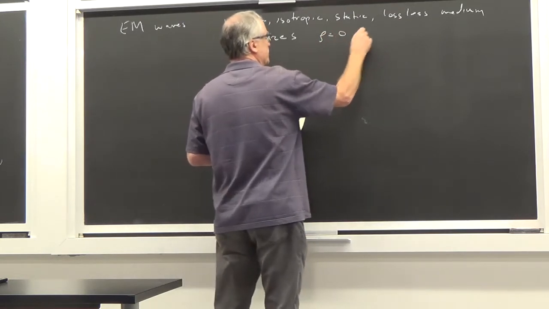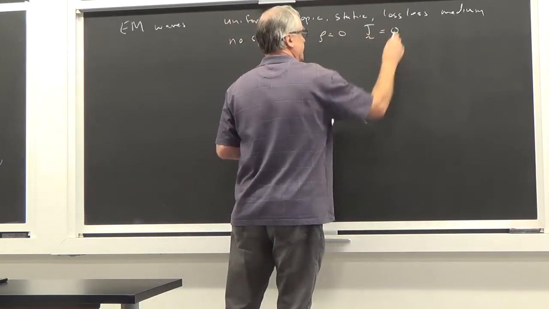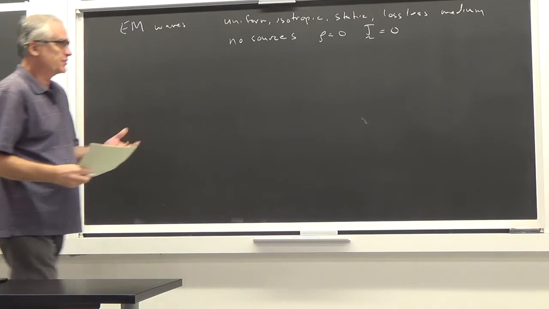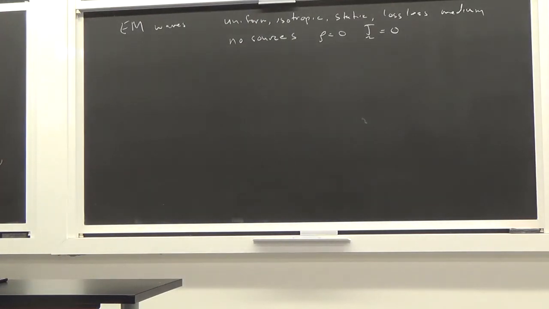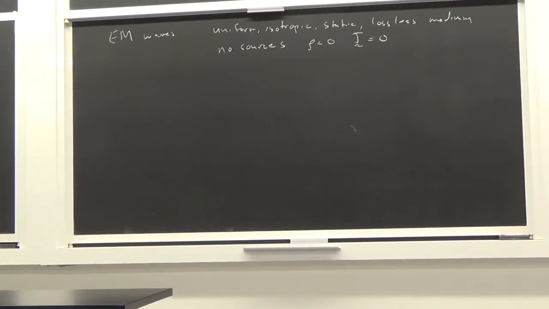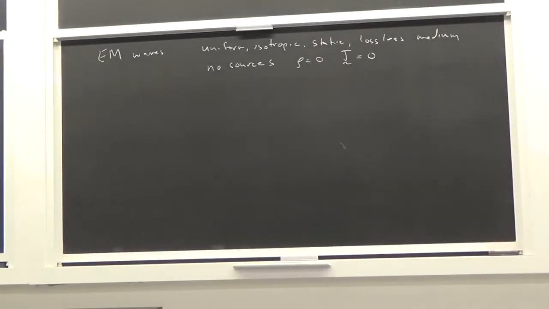Rho is equal to 0. Current density is equal to 0. So charge density equal to 0, current density equal to 0. So there are no charges, no free charges. There may be a material that's built out of atoms, and that's fine.